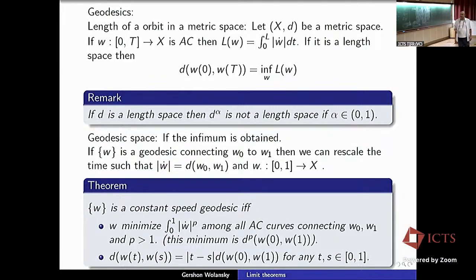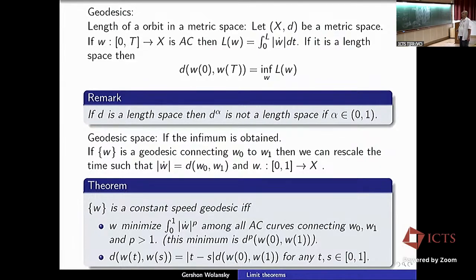So what is a geodesic in metric spaces? In general, in a metric space, we can define the length of a path. And if this is a length space, then the distance between two points is just the infimum of the lengths of the paths between them. For example, if this is a length space and alpha is between 0 and 1, then d to the alpha is still a metric, but not a length space. A space is geodesic if the infimum is always attained.